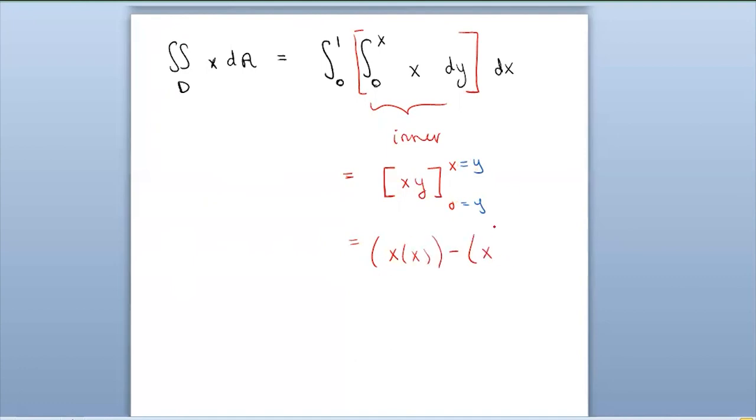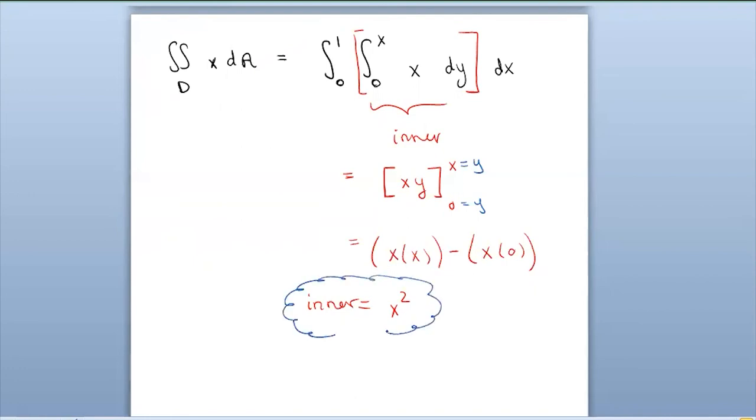And when I evaluate at my lower limit, 0 goes in for y. I love having one of my limits of integration to be 0, because I just like it when things disappear. And so when we go ahead and simplify this, we just end up with x squared. This is my inner integral. Let's put a little bubble around it.